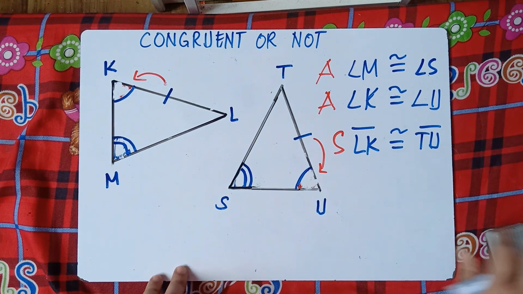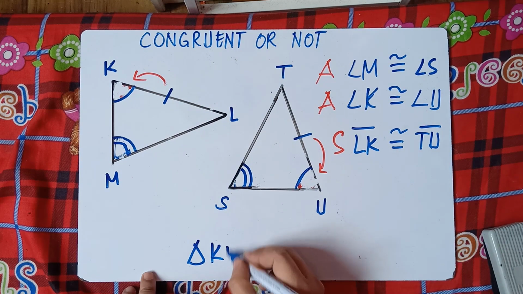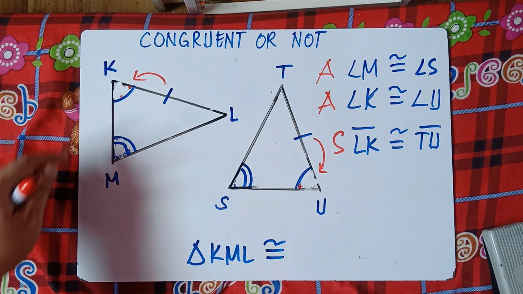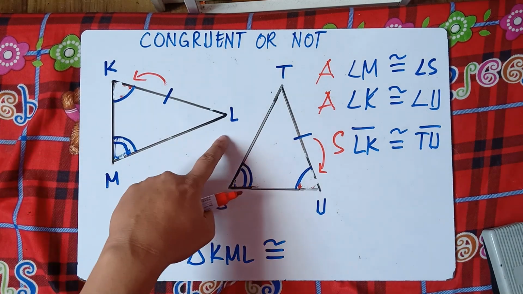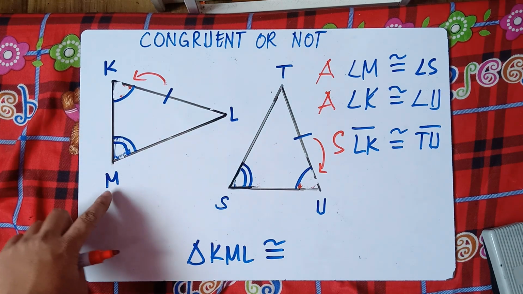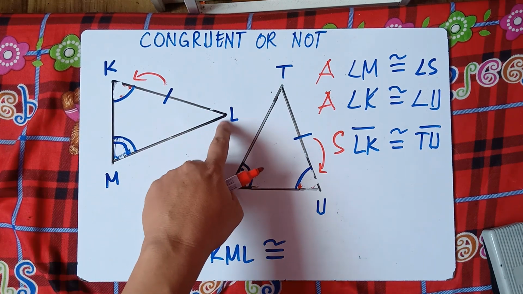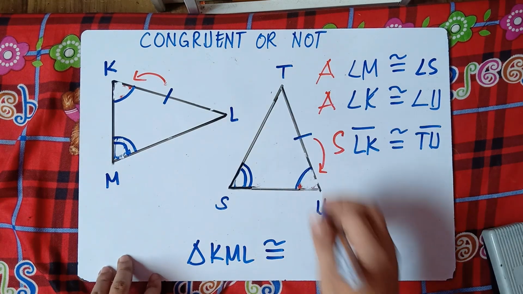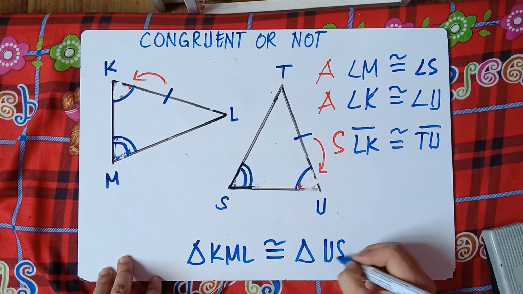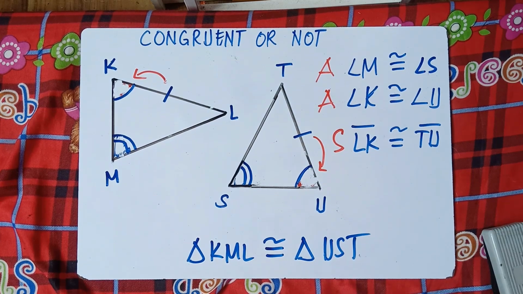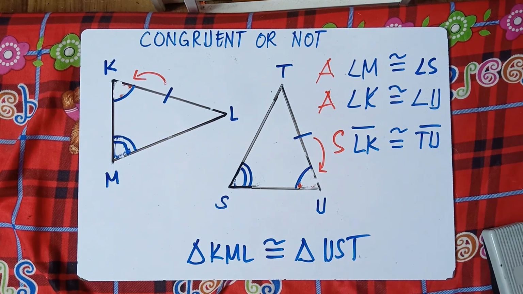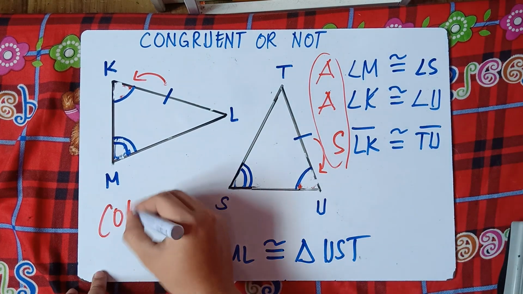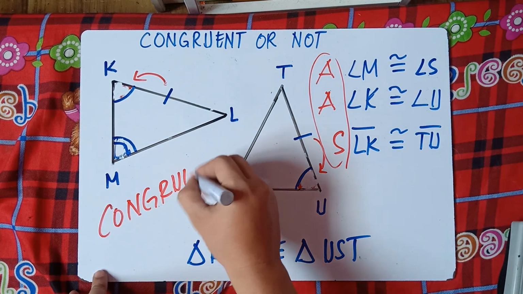You read it KML, starting with the first marking, going to the second marking, then this one with no marking. So we will start at UST. Triangle UST. So are they congruent? Yes, they are congruent according to the AAS postulate. Yes, congruent. Alright, they are congruent.